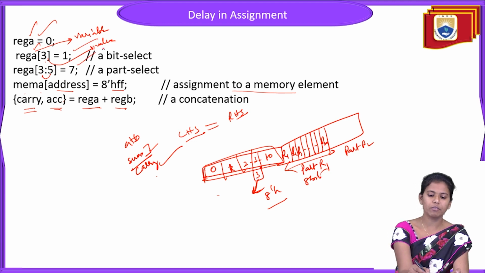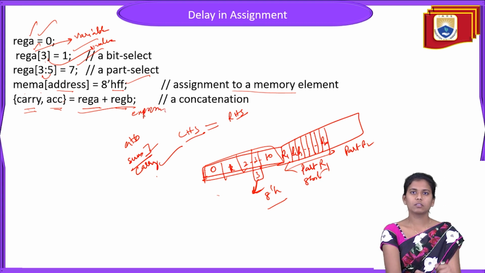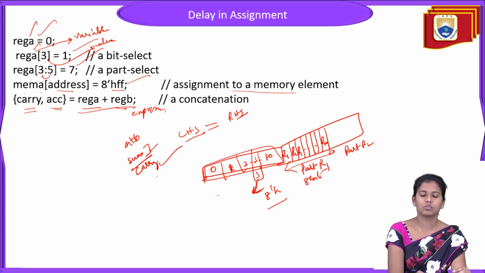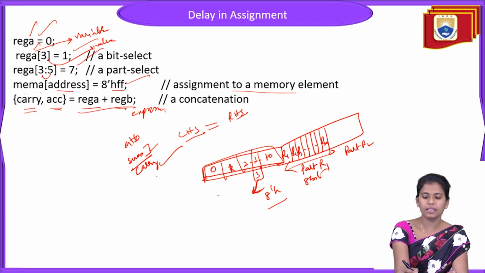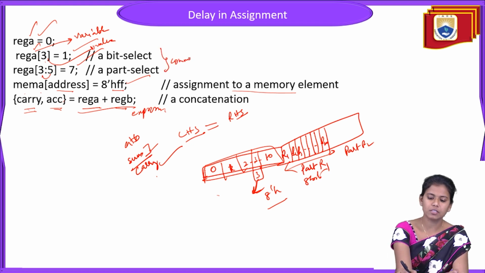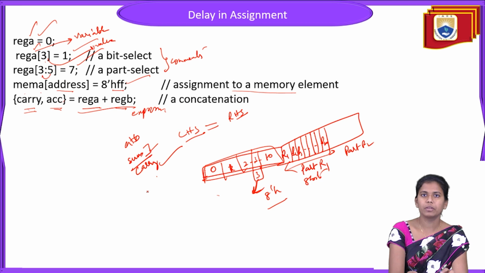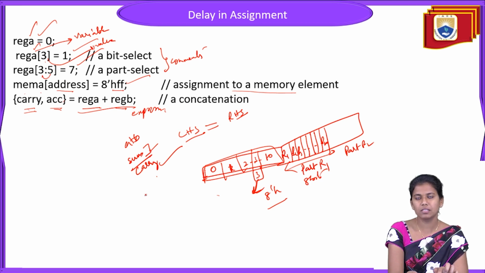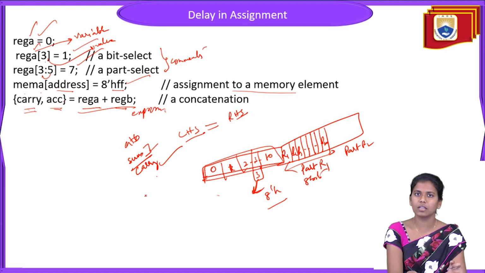And 1, 7, 8, FF, and register A and B are the expressions of the assignment you are considering. This has to be followed, and these are the comments. Comments should be written. This is a bit select and this is a part select, and I am doing the concatenation as well as the carry bits, which need to be accumulated in the carry.